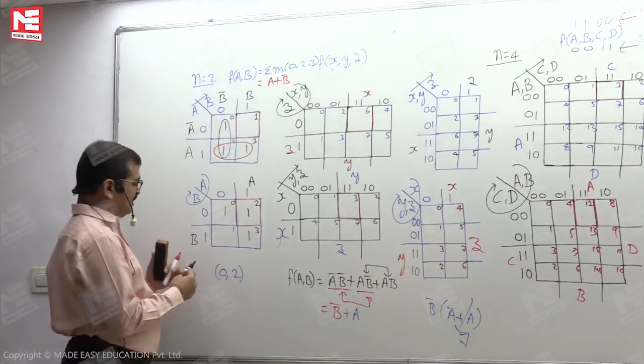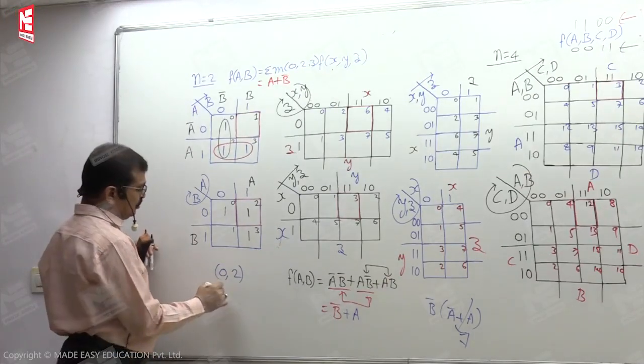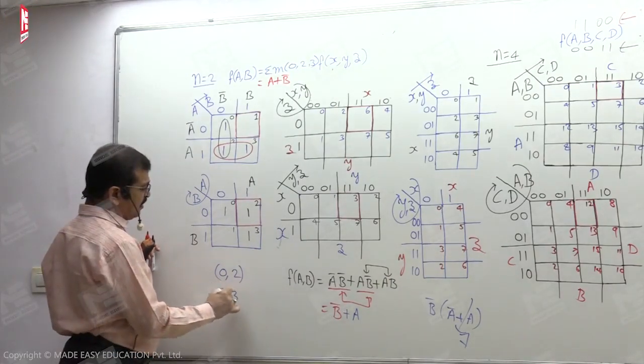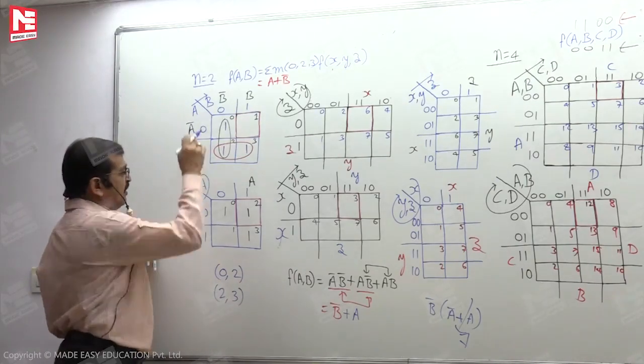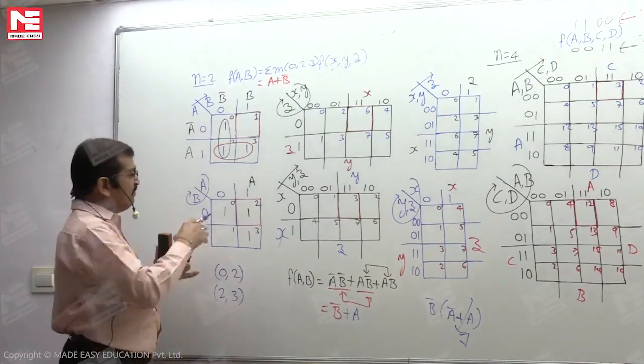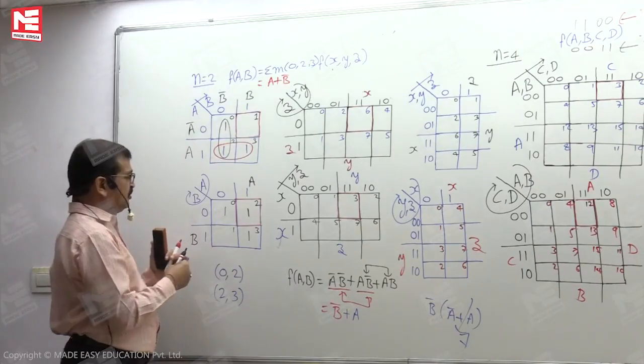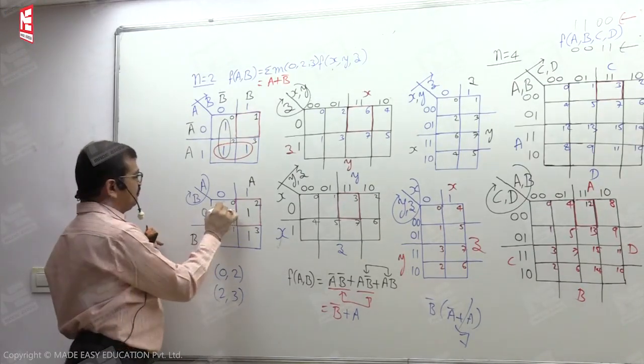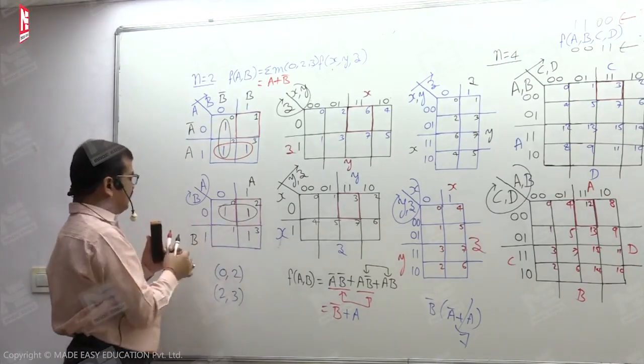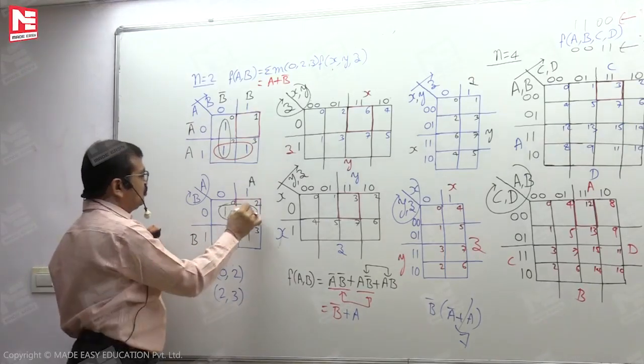They are adjacent cells, 2, 3, the other 2-cell subcube. Whether we are reading from this or from this, it is one and the same. One group is 0, 2. The other subcube is this 2, 3.